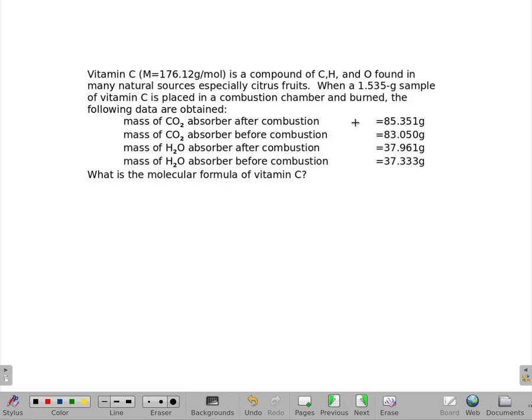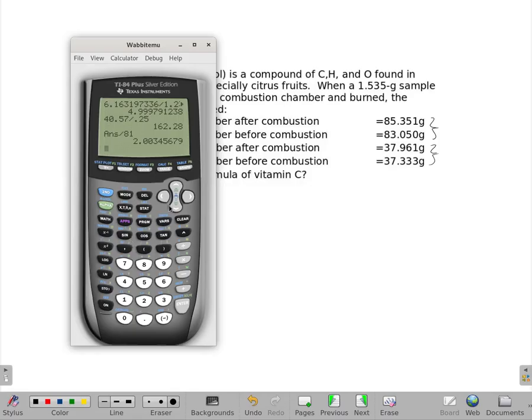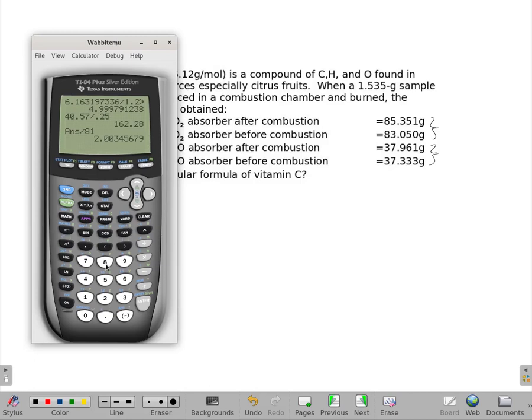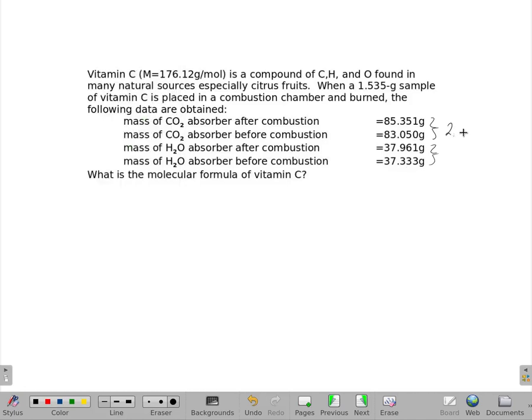All right, we're going to start by getting the mass of the CO2 produced and the mass of the water. And all I'm going to do to get those is subtract those numbers. So 85.351 minus 83.050. I'll have 3 decimal places, so that is 2.301.